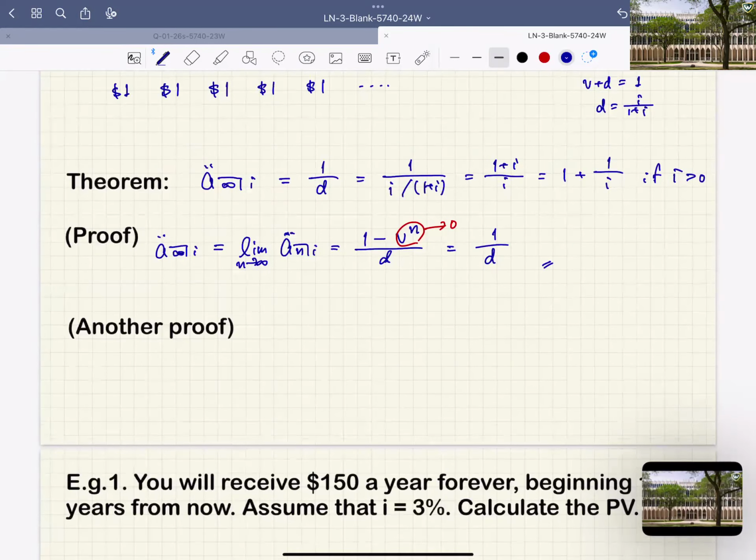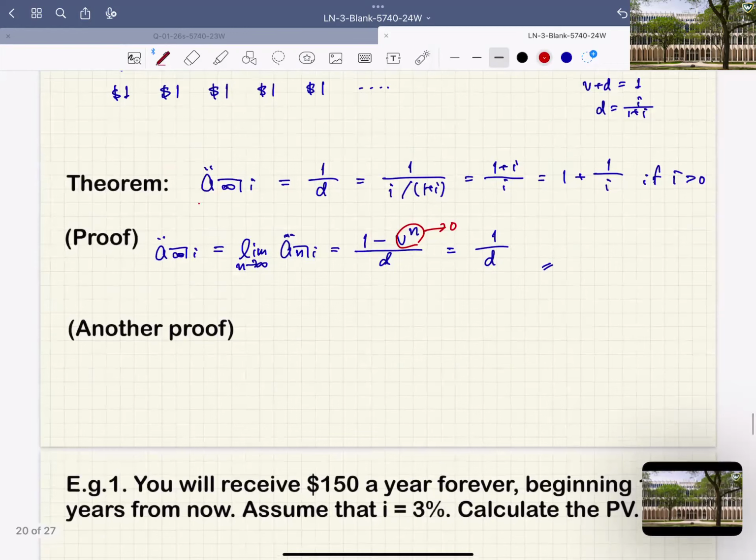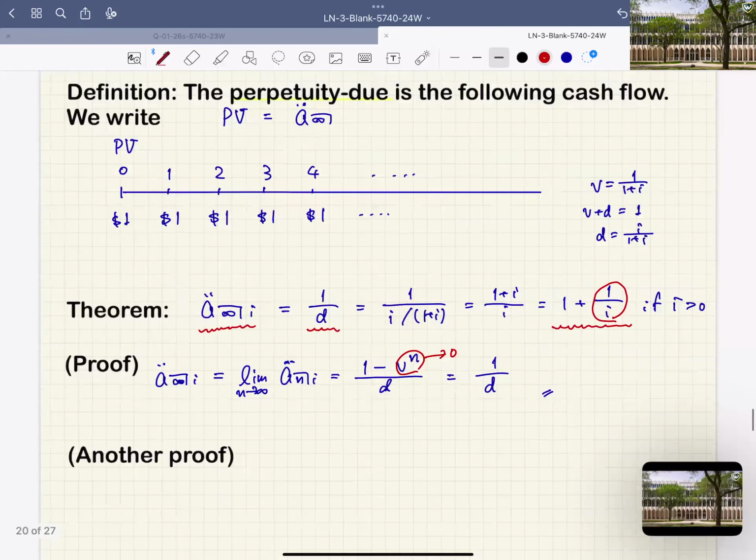And yes, I think it's worthwhile to remember this quantity is equal to 1 over d, but also 1 plus 1 over i. And you can see that the 1 over i is the same as the perpetuity immediate, and the only difference is $1. That is obvious because the present value of $1 at time 0 is $1.